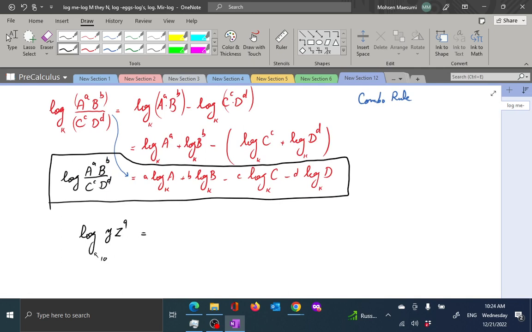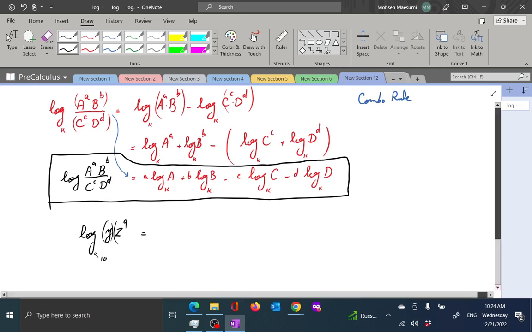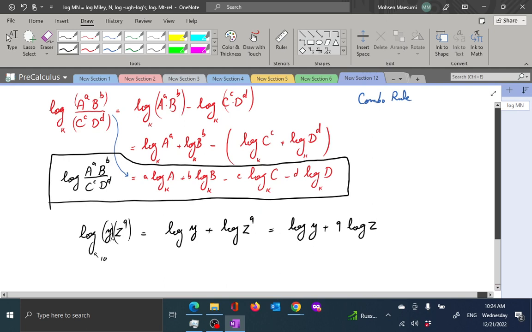So let's practice again. First, multiplication. So logarithm of y plus logarithm of z to power of 9. Then this is the power rule. 9 comes in front. Logarithm of y plus 9 logarithm of z.